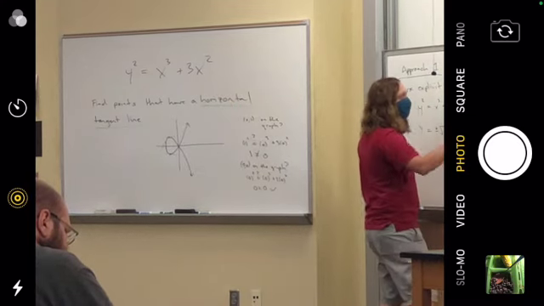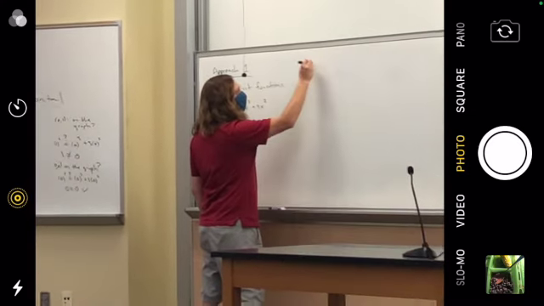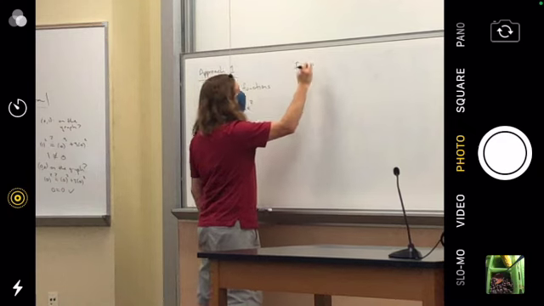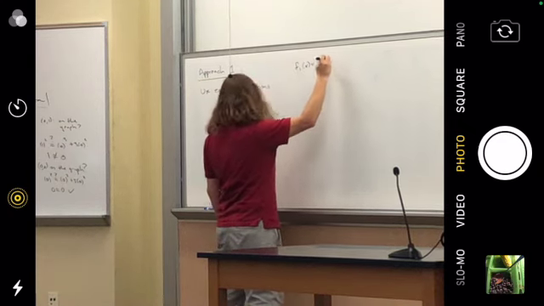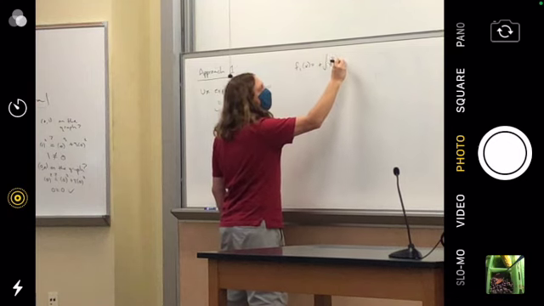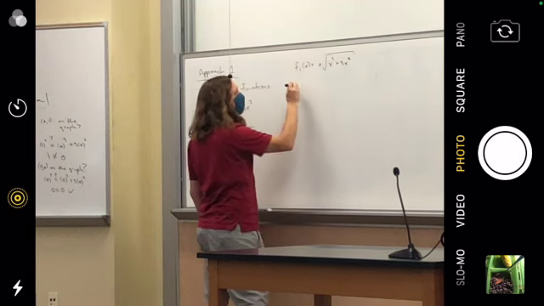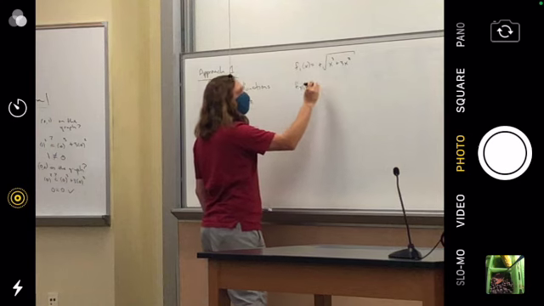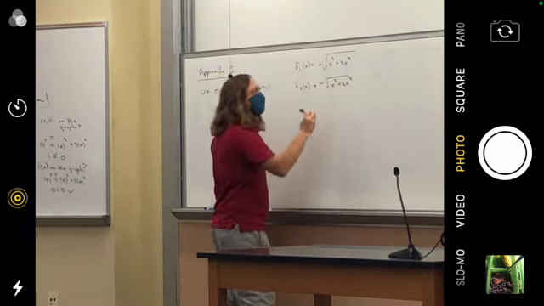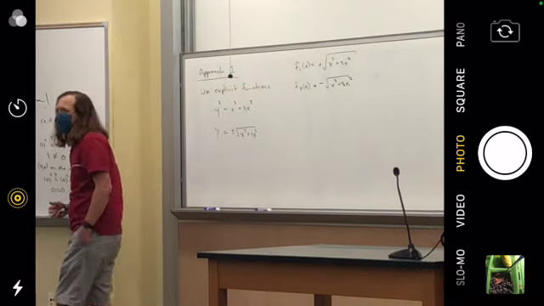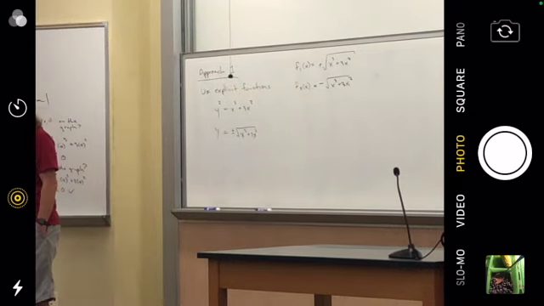So I could talk about f1 of x is equal to the positive square root of x cubed plus 3x squared. And f2 of x is the negative square root. And then when I put these together, I can find the y coordinate that's positive, the y coordinate that's negative.